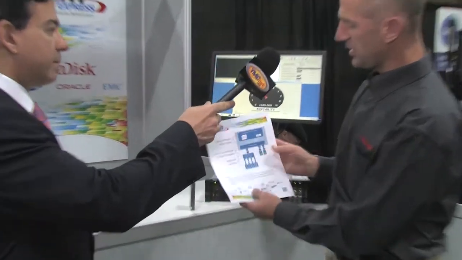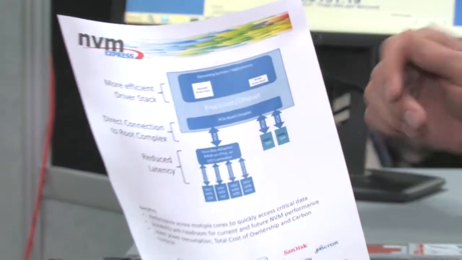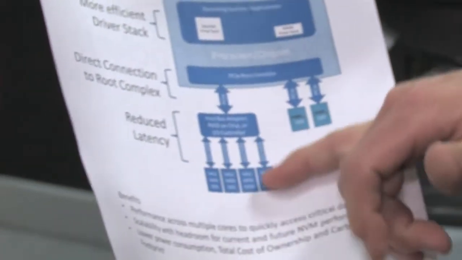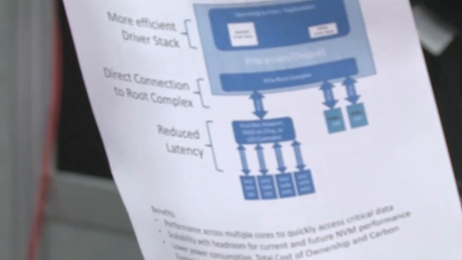Now, NVM Express isn't necessarily the connectivity. It's just utilizing the PCI Express bus. The NVM Express connects directly into the PCI Express bus, and here's a picture. You can see on this picture that SATA and SAS traditionally today connect through this controller to get to the PCIe root complex.